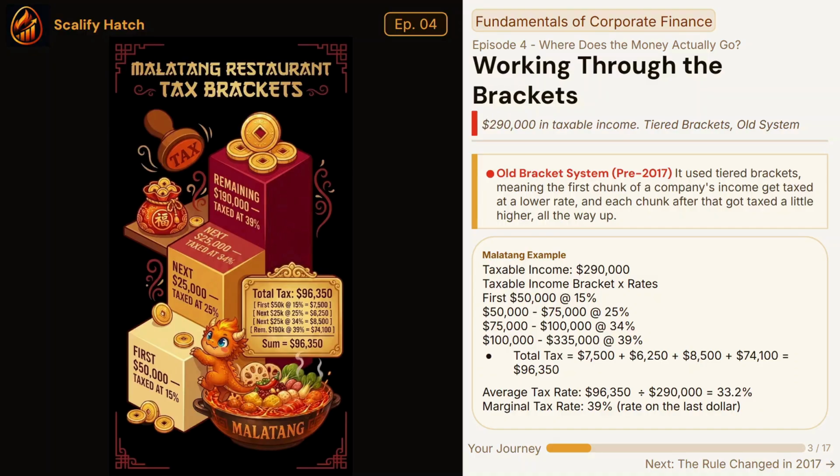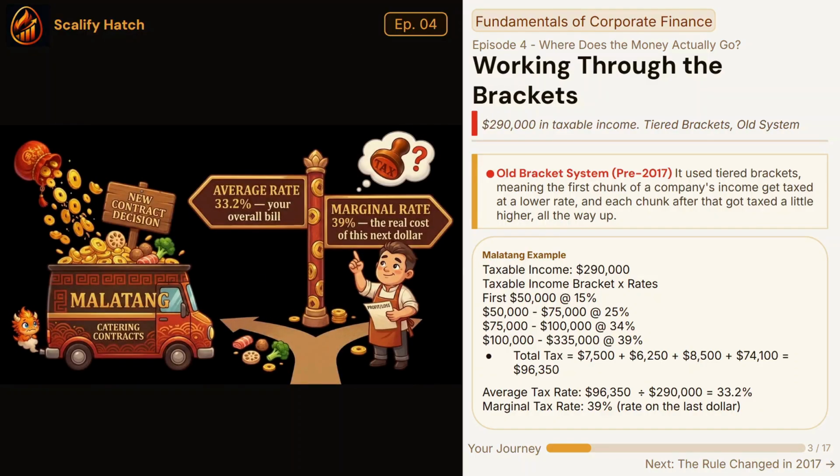And here's why that distinction actually matters. If Scalify Hatchmal Tang is deciding whether to take on one more catering contract that adds taxable income, the marginal rate is what tells you the real cost of saying yes, not the average. The average rate just tells you about your overall bill. The marginal rate tells you what the next dollar actually costs you.